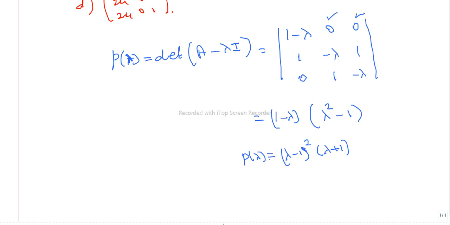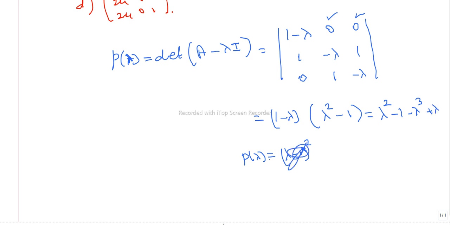If we expand this: 1 into lambda gives lambda square, and lambda square minus 1 is the entry here, and then minus lambda into this gives minus lambda cube, minus minus plus lambda.